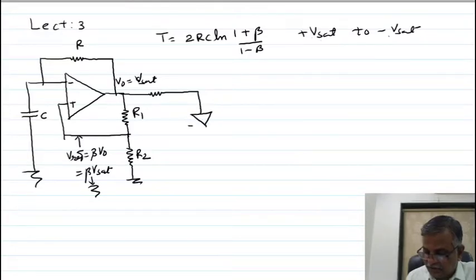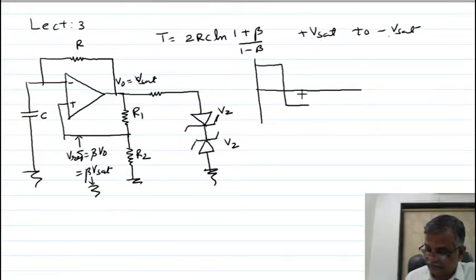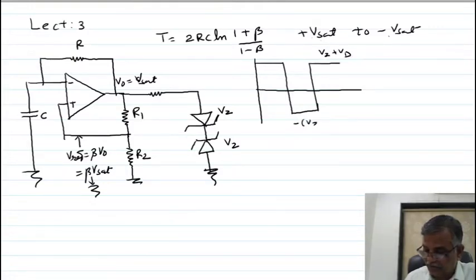If Zener diodes are connected in a back-to-back manner as shown in the figure, so I am connecting the Zener diodes in this way, my output voltage will swing between plus Vz plus Vd and minus Vz plus Vd.